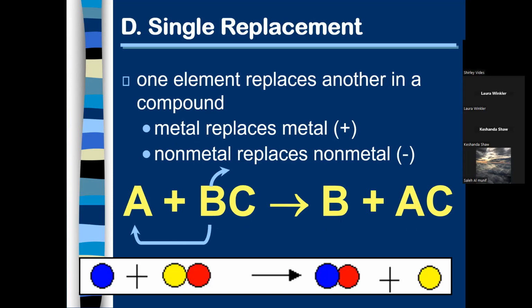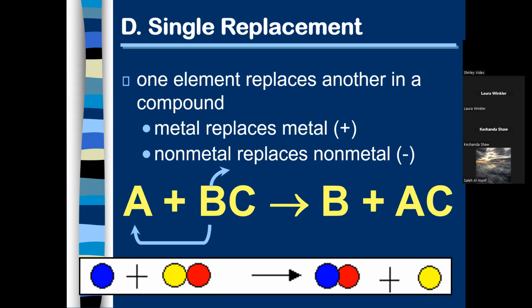There's the visual for those of you who are more visual. See how the blue replaced the yellow? And it booted it out. That's what is known as a single displacement or single replacement, because that yellow did not bond to anything else. So it cannot be double if all it did was replace one, right? So pay attention to that part.